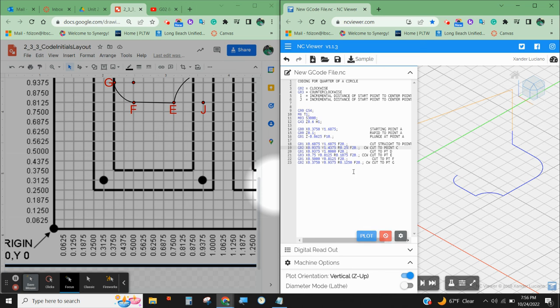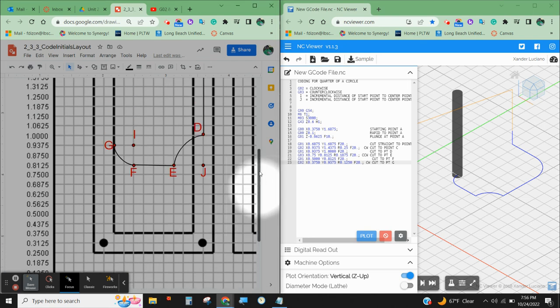Still the same. Okay. So if I start off over here and plot that, it still takes the radius. Sometimes machines will take radius over I and J, or vice versa. So that's how you plot curves.